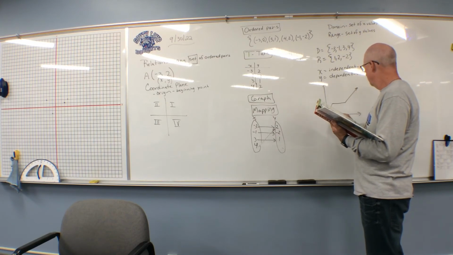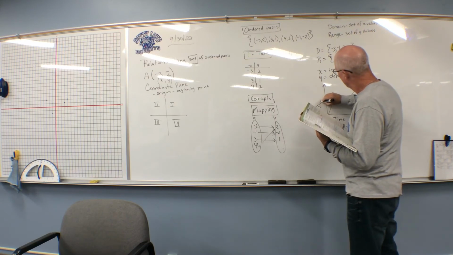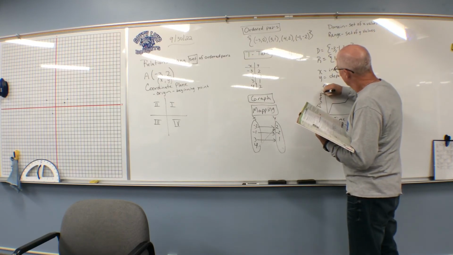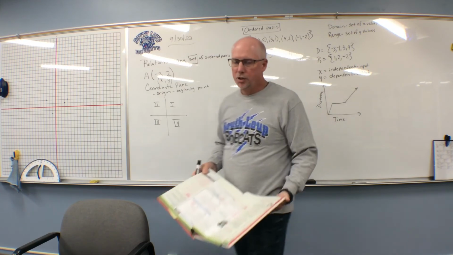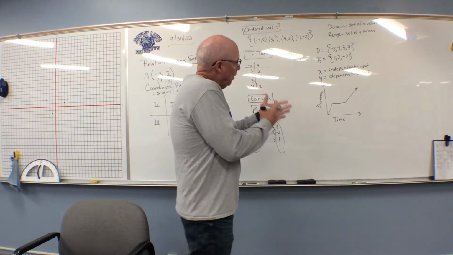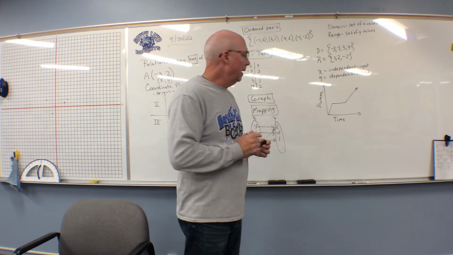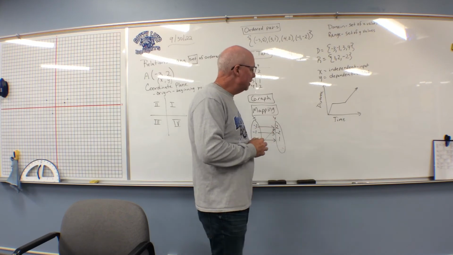And this is time, and this is distance. Okay? Even though we write relations 4 different ways, we can describe them in a picture. So this is Francisca's bike ride. So we need to describe what happens here.